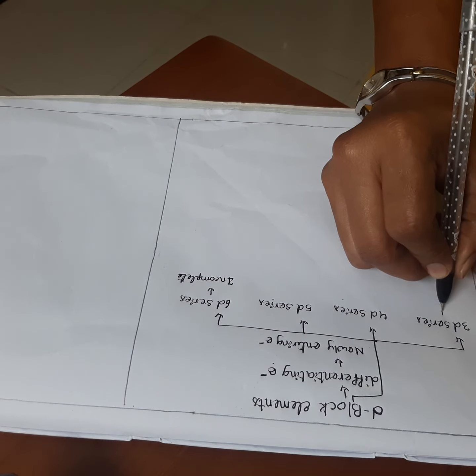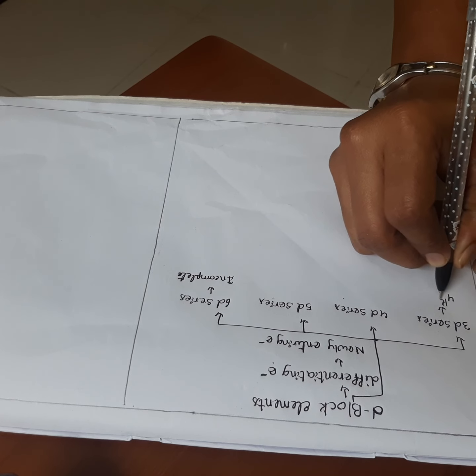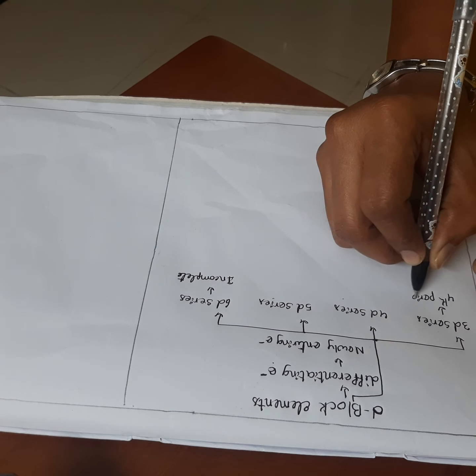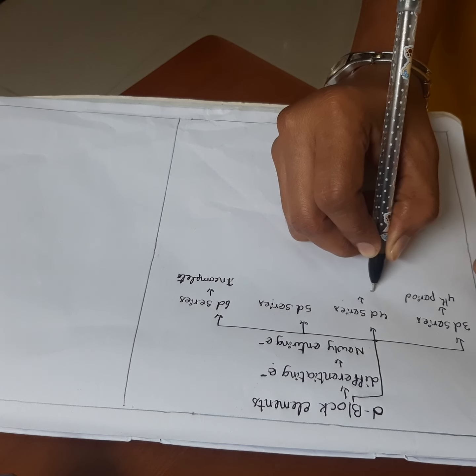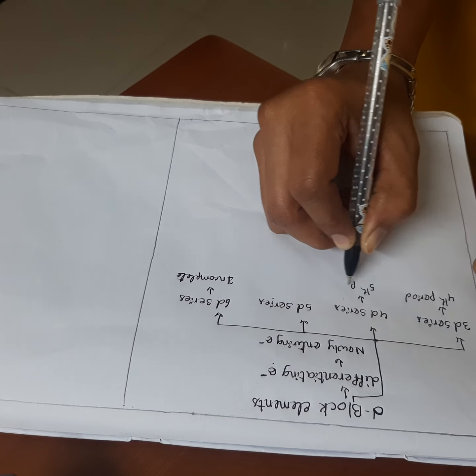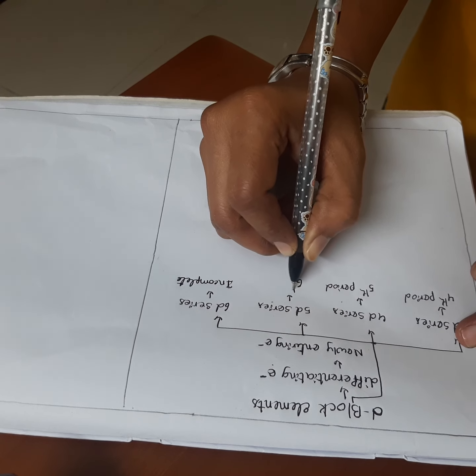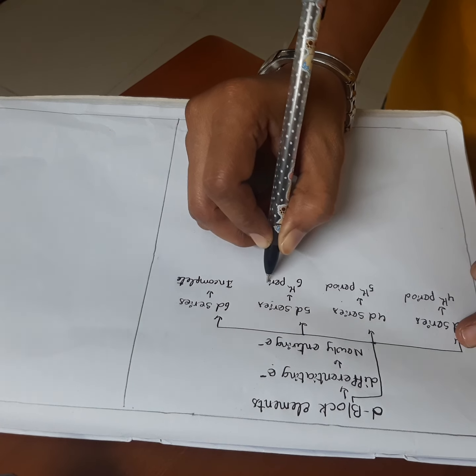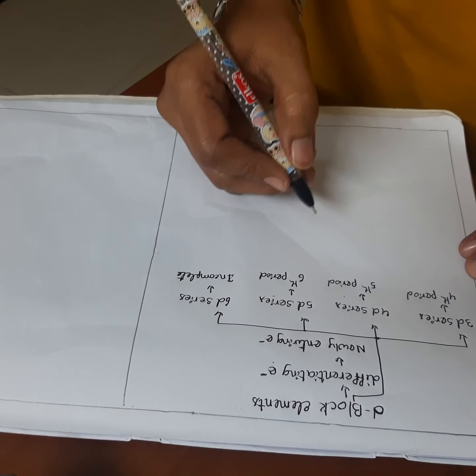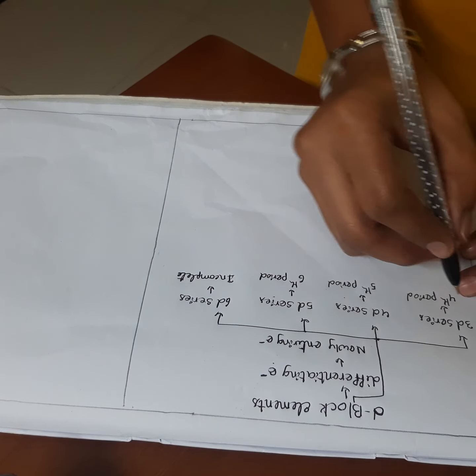The 3d series is present in the fourth period, the 4d series in the fifth period, and the 5d series in the sixth period. So what is a period here?